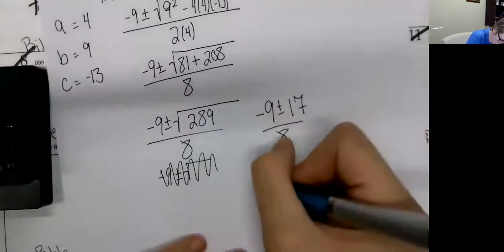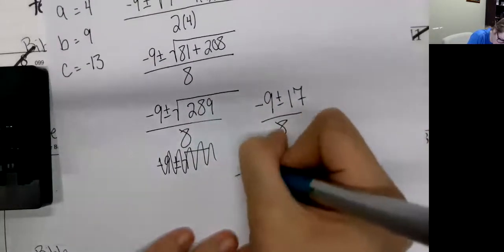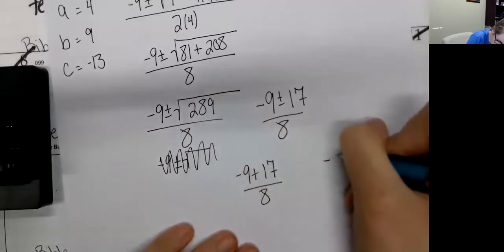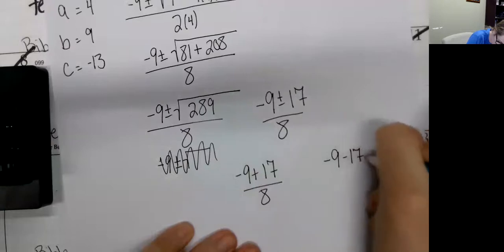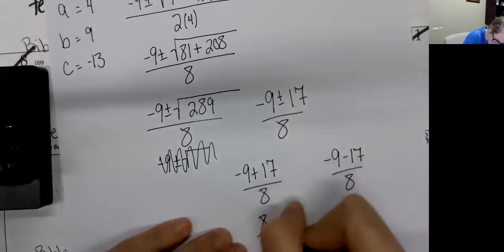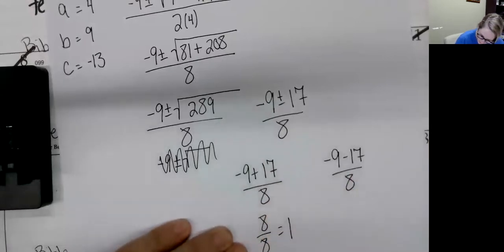So we're going to break this up. So I'd have negative 9 plus 17 divided by 8, and negative 9 subtract 17 divided by 8. So this one would be 8 divided by 8, which is 1.